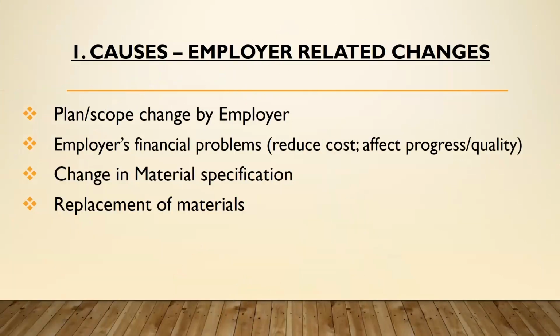For employer-related variation, the possible causes are when the employer changes the scope or the plan of the project, when there is a financial problem on the part of the employer, when the employer makes some changes in the material specification, and when the employer decides to make some replacement or asks for replacement of some materials when the project is ongoing. All this will give rise to a variation.